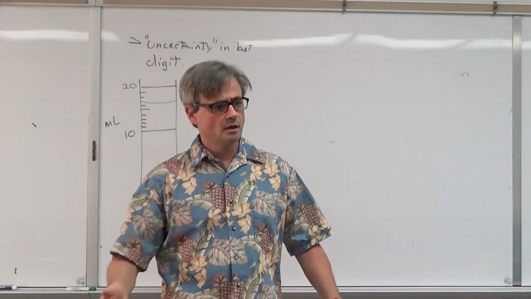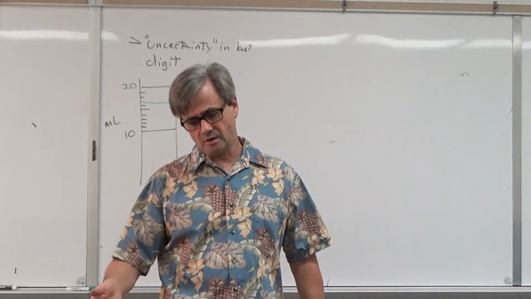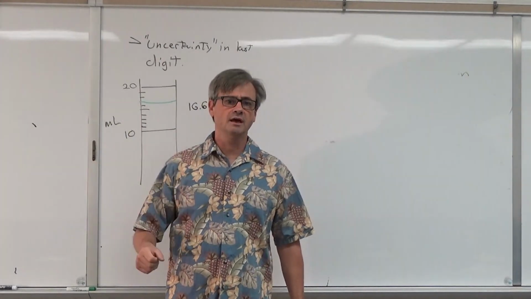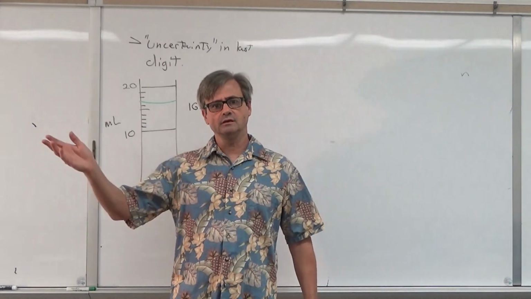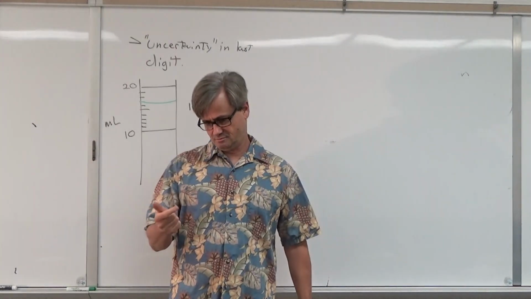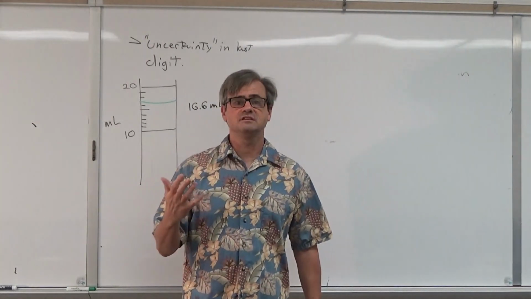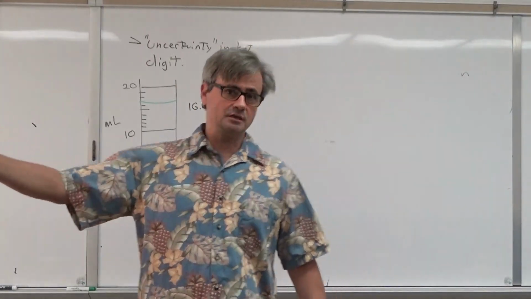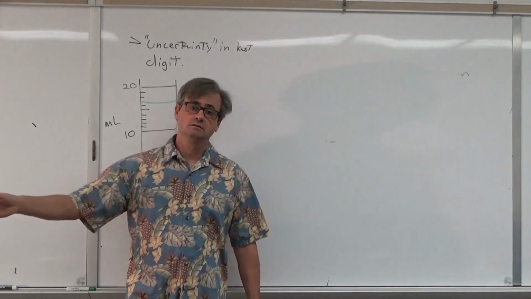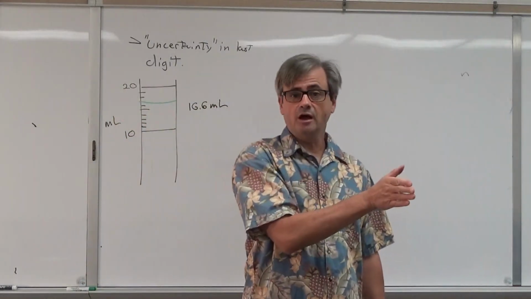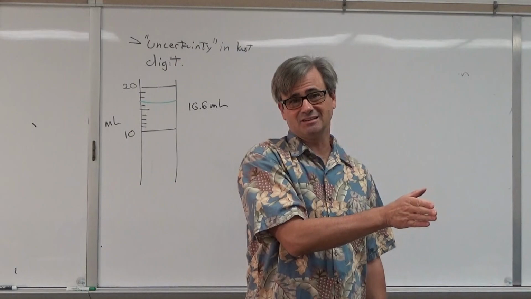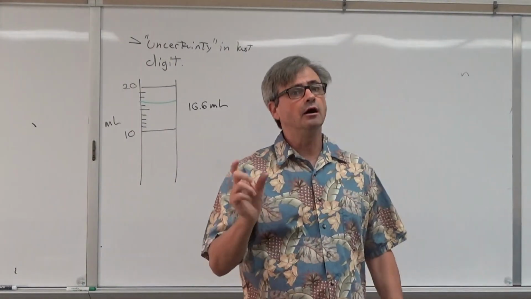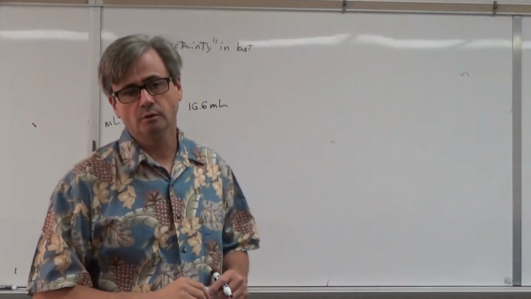So if you had 2,500.0000, that would be 5 significant figures, so zeros after the non-zero digit are significant. Zeros that are in front, sometimes referred to as leading zeros, are not significant. They're just placeholders to tell you the magnitude of this number.